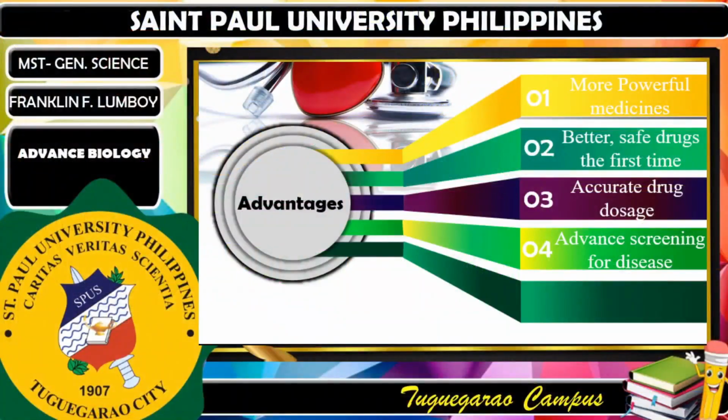Next, another advantage: better vaccines. So pharmacogenomics can enable our scientists to develop more effective and better vaccines. Vaccines made of genetic material, either DNA or RNA, promise all the benefits of existing vaccines without all the risks.